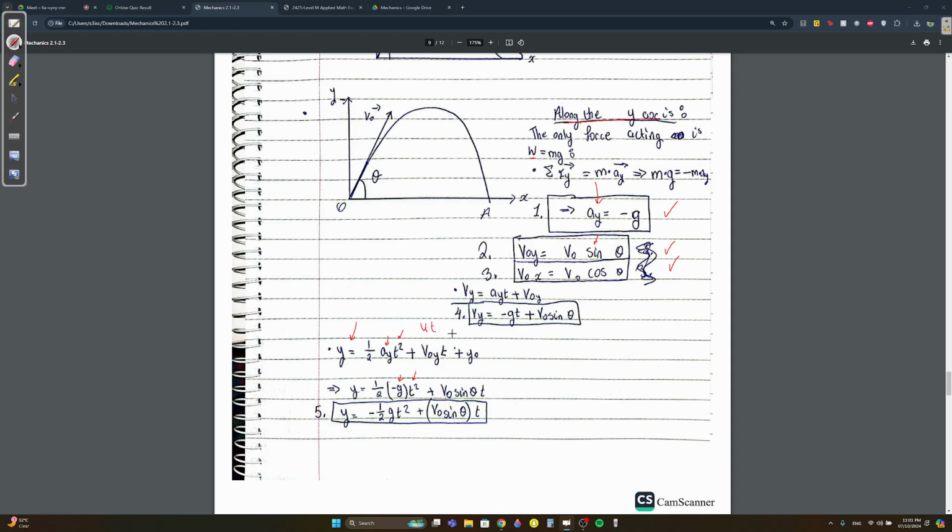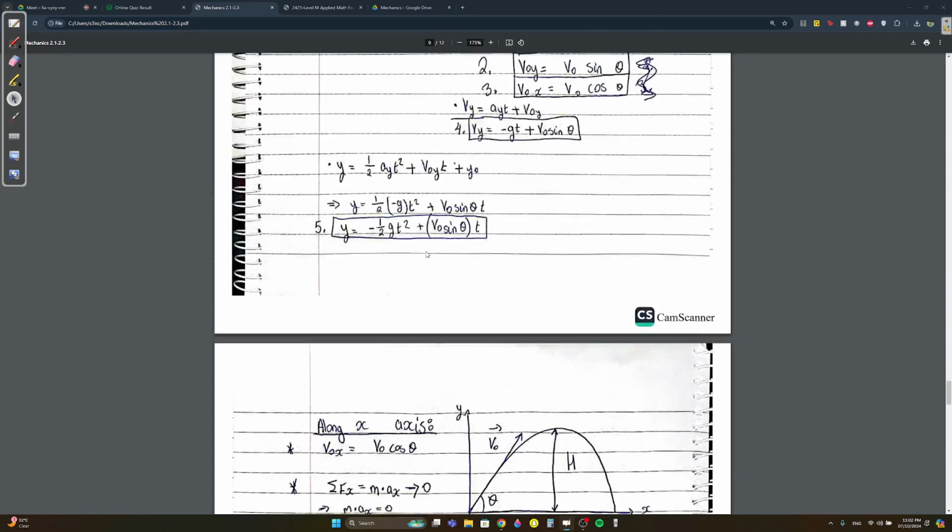It was ut, so what's the initial y velocity? V naught y. What is it equal to? We said it's v naught sine theta. T stays t. And since we're always starting at the origin, y naught and x naught are always 0, so we just cancel them out. So you're going to get this, your fifth formula.